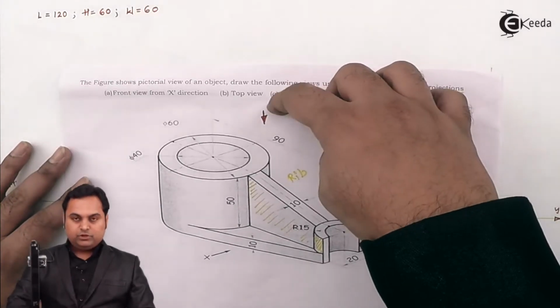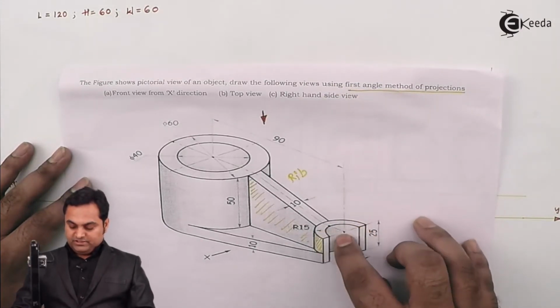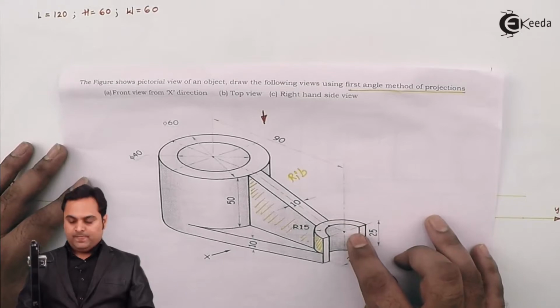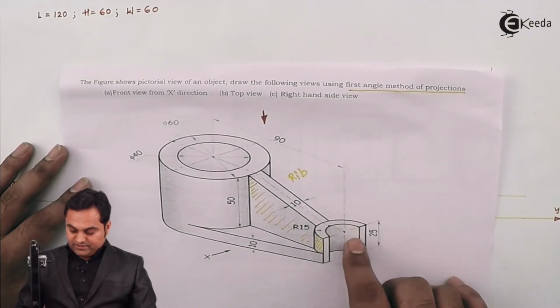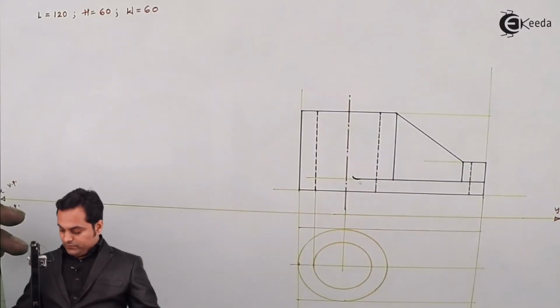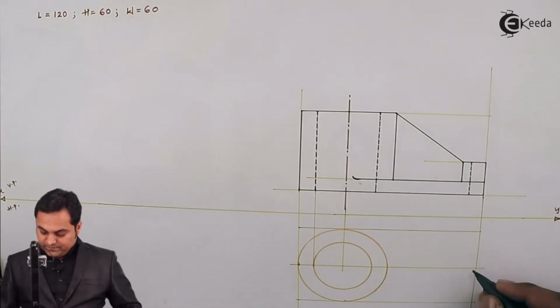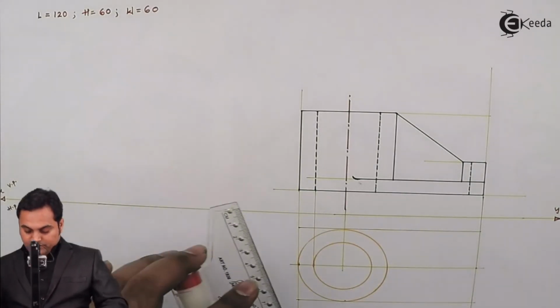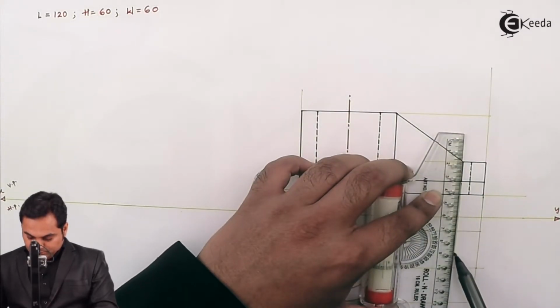When we are looking from top, this semicircular portion is also visible. Both the semicircles, inner and outer, are visible. Outer semicircle has radius 15. Inner semicircle has diameter 20, so radius is 10. And the center is here. So I'll be drawing that semicircular part. The center is already here. For the outer semicircle, here I am projecting the radius.